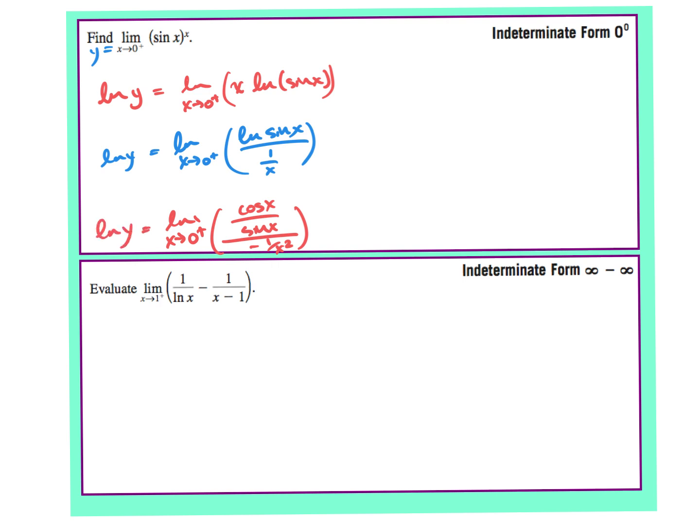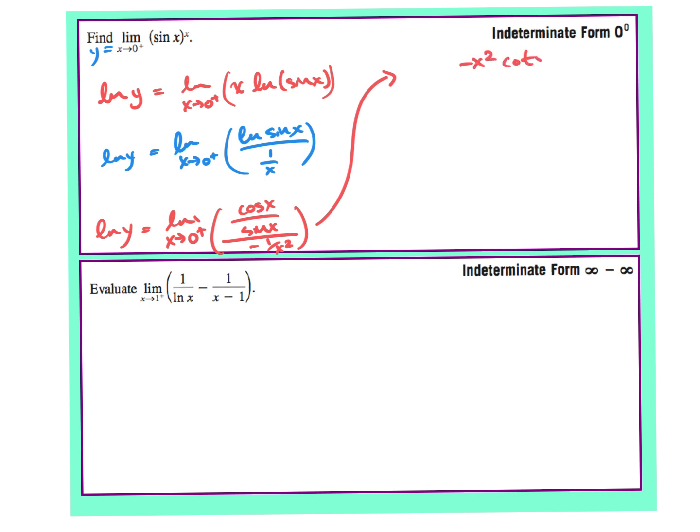So I personally would use some trig going on here. What is cosine over sine? It's cotangent, right? And so I have cotangent up top. And then what is this negative 1 over x squared that's really multiplying by? Negative x squared.